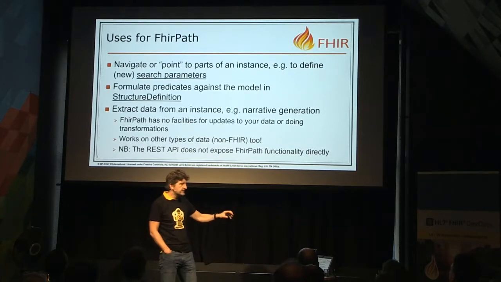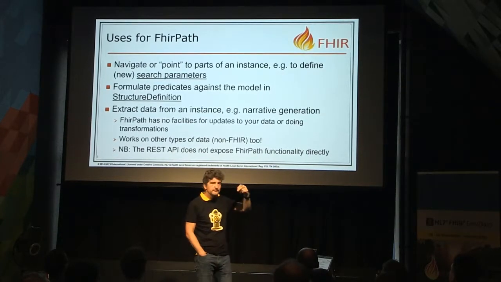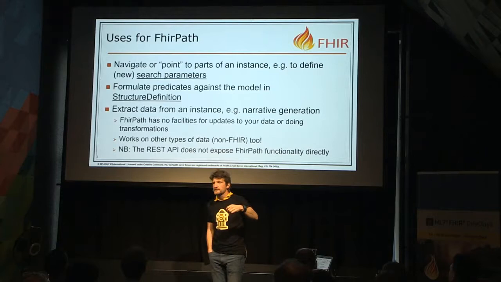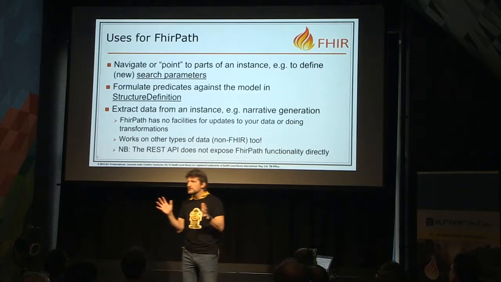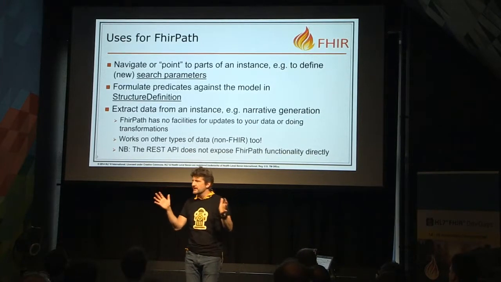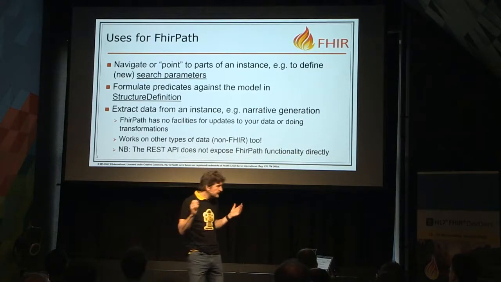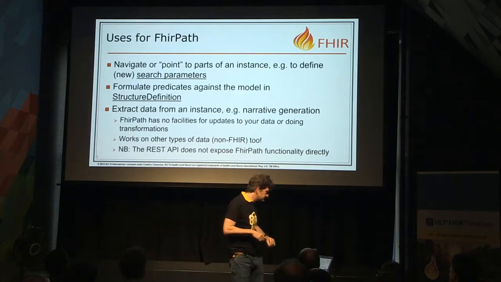So in structure definition, you can formulate additional constraints using FHIRPath. So this way you can also create validations that add up stuff and say, the total sum of this score should be 10, otherwise it's not valid. That's the kind of thing you can do with FHIRPath as well.